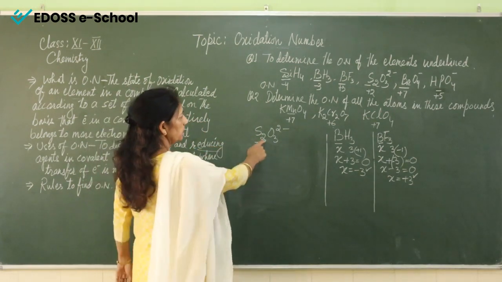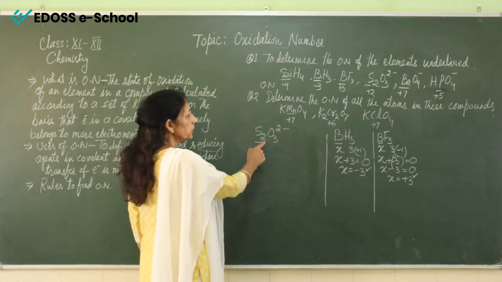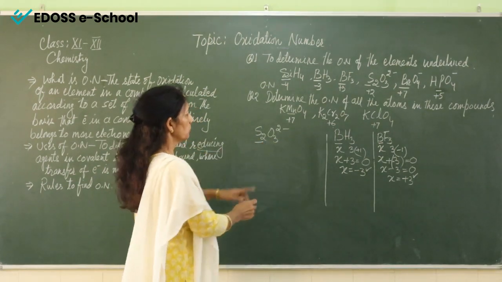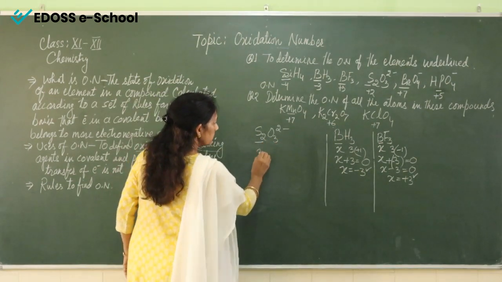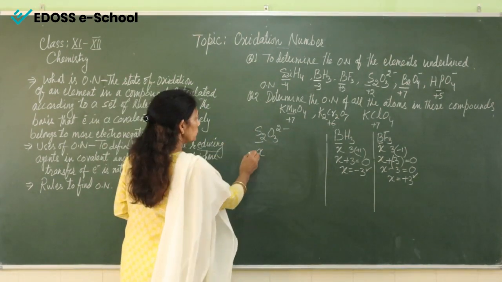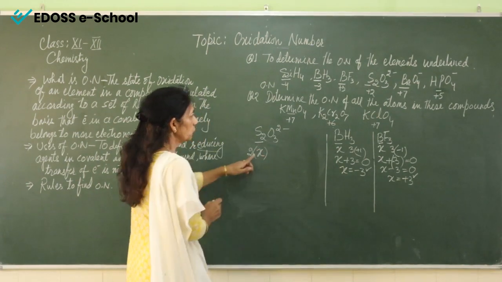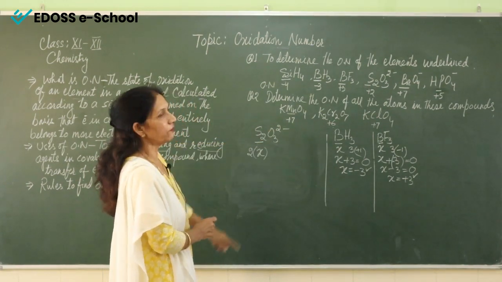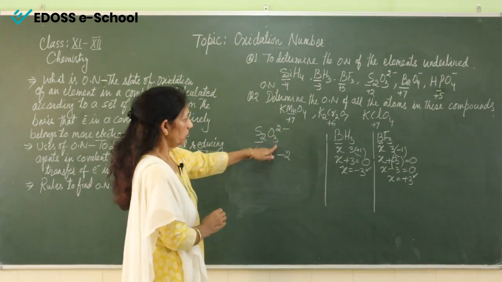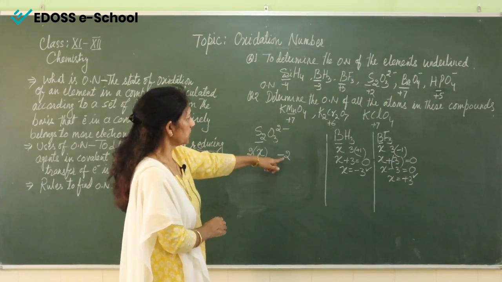Okay. And sulfur has 2 atoms and oxygen has 3 atoms. So we will consider this X. The total number of atoms is 2, so it will be 2X. And oxygen has oxidation number minus 2. One oxygen atom has oxidation number minus 2.